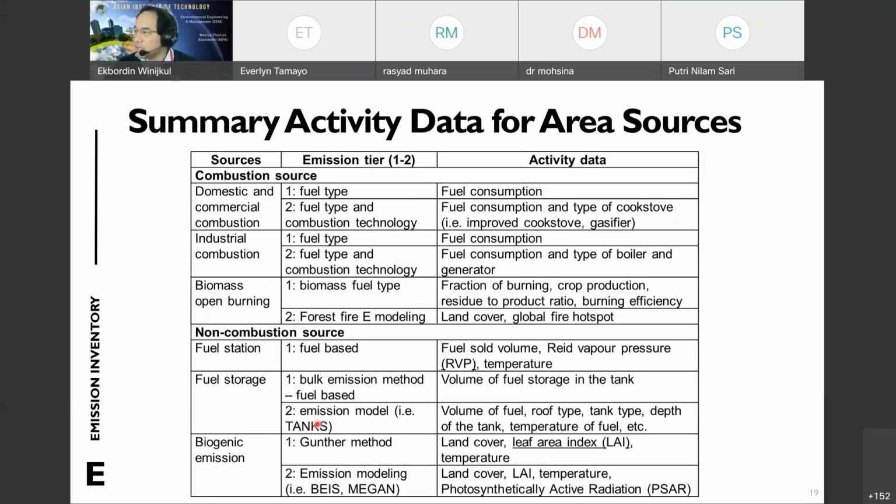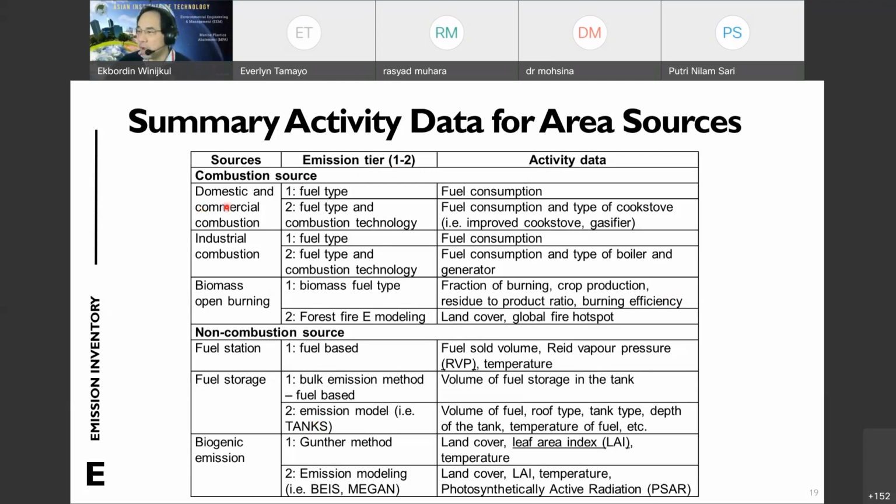Okay, moving to the second source, which is area source. You can see that for the area source, the emission tier can only go up to the second tier. We don't have a third tier for the area source. Different types of area source are listed here, but I'm going to give an example for domestic emission or residential combustion.